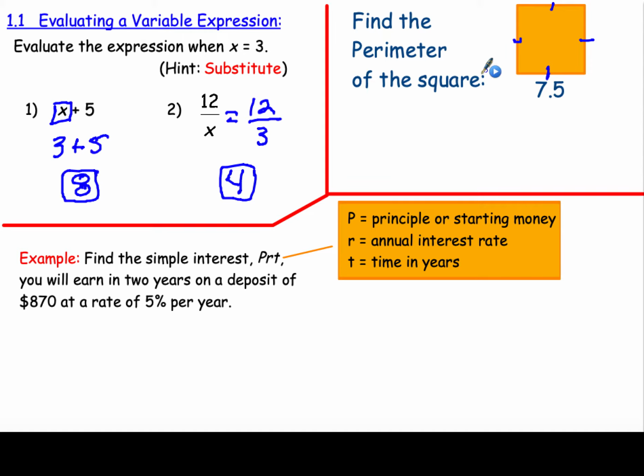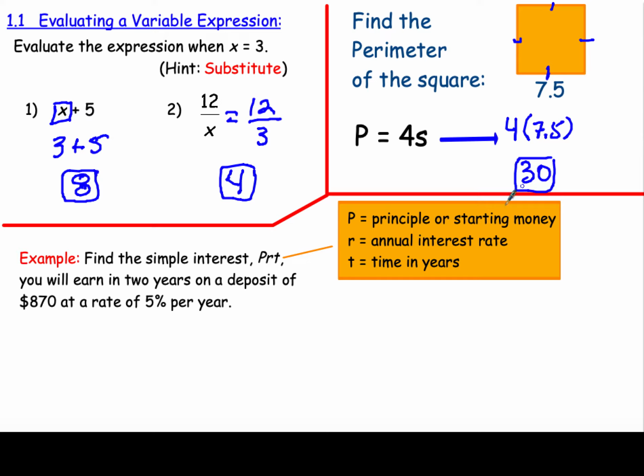Since all 4 of them are equal, the perimeter of a square can be found by taking 4 times the side length. So if we take out s and plug in that 7.5, 4 times 7.5 comes out equal to 30. And we know that the perimeter of the square will be 30 units.